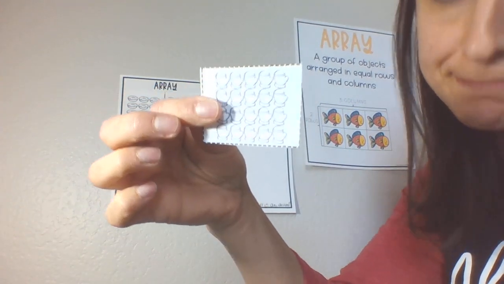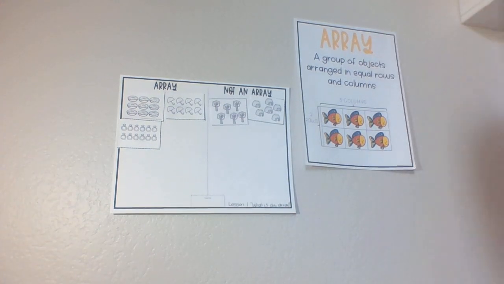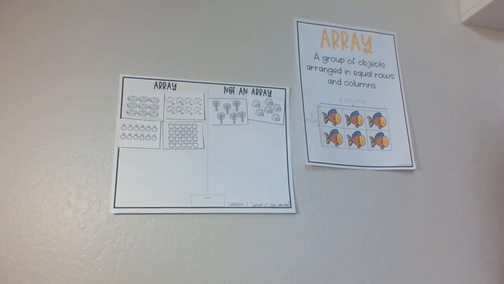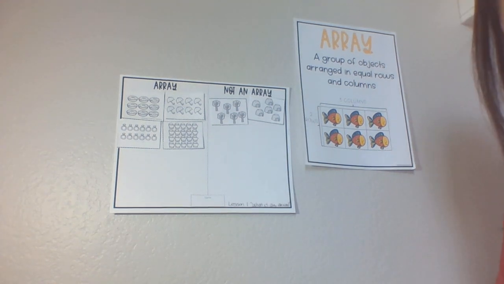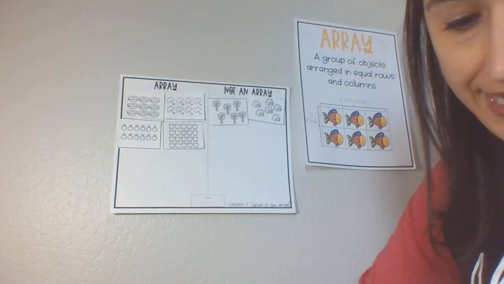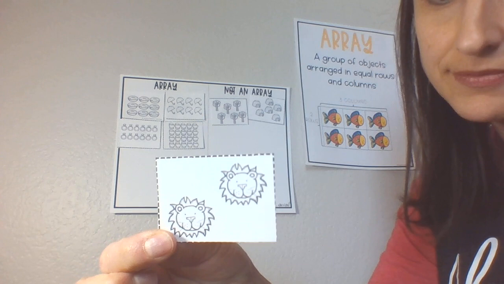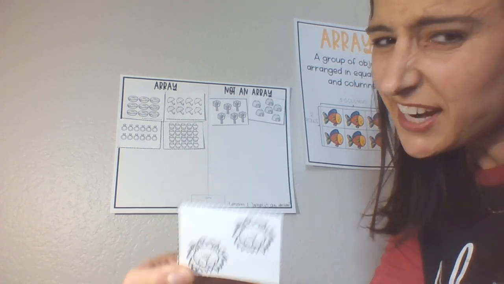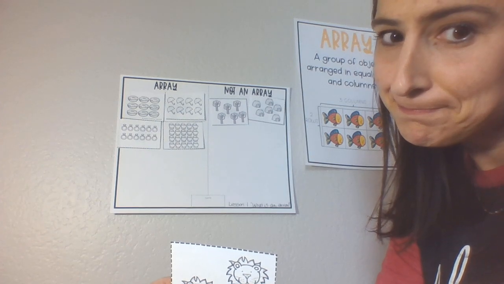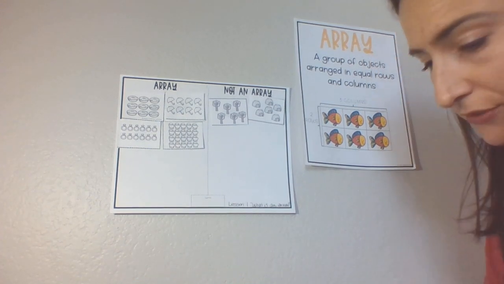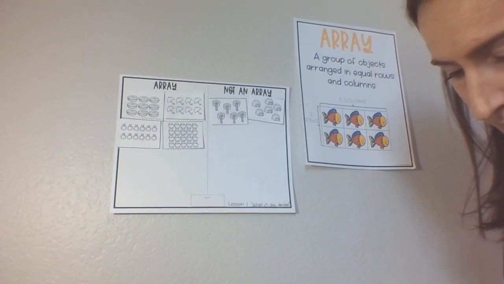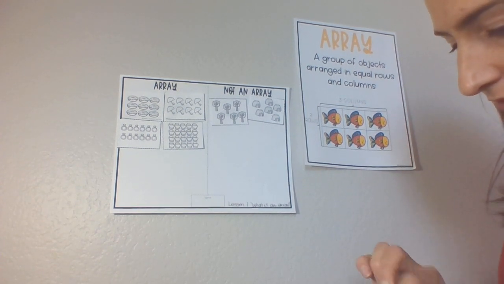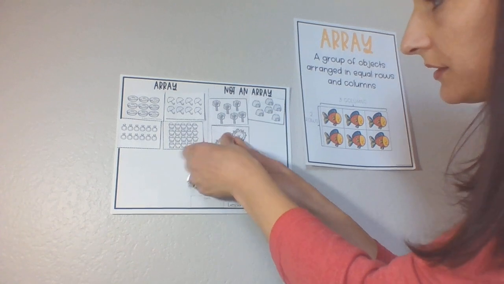These cool mittens, that's an array. The lions. Boys and girls, are the lions an array here? Nope, you're right. They're not an array. So I'm going to put it on this other side here. Not an array.